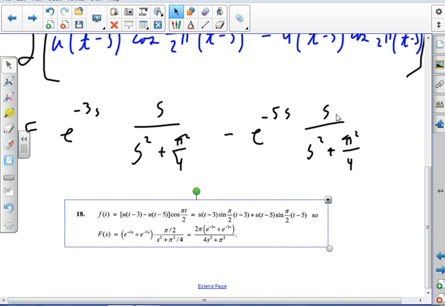That doesn't make any sense. Why did they change it to sine? If I had changed it to sine, I probably would have gotten the same thing. So I have that, they have that, but they went from this to sine. Why in the world would they go from there to sine?